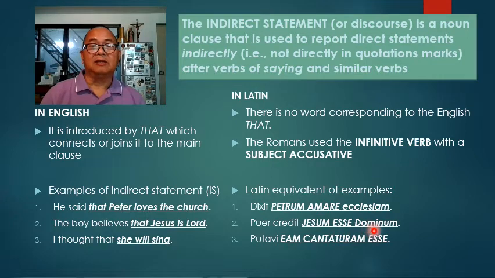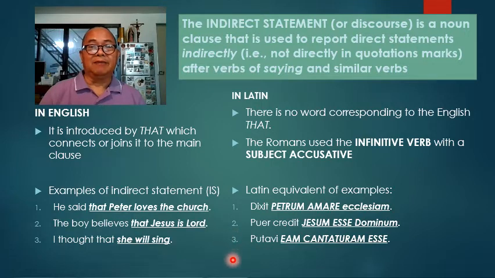Dominum here is the complement noun. So you have subject, linking verb, complement noun. And remember the rule of agreement, the complement noun agrees with the subject only in case. So Jesum, the subject of the indirect statement, is accusative. Therefore, the complement noun Dominum is also in the accusative case.